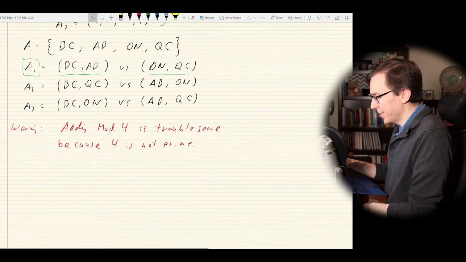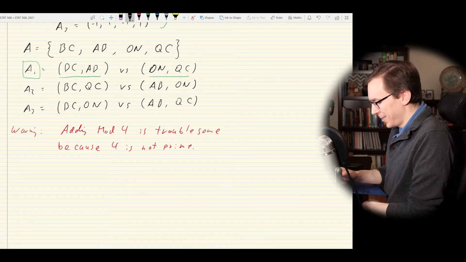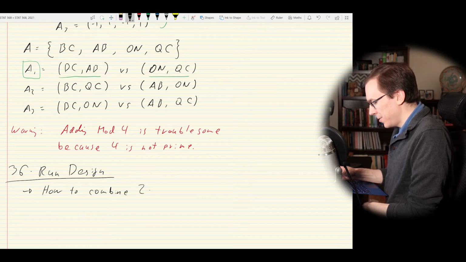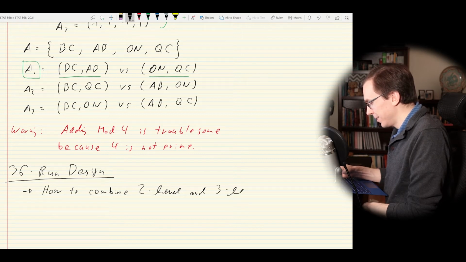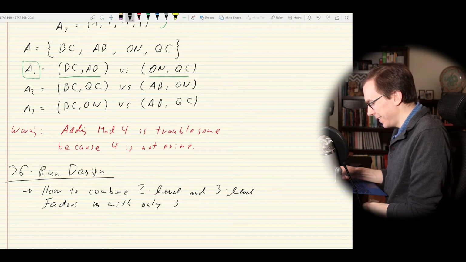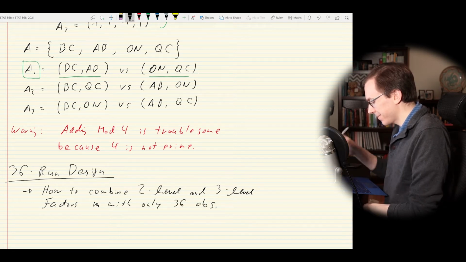Anyway, what I wanted to get into is the so-called 36 run design, which will be the next topic, which is basically how to combine 2-level and 3-level factors into, or maybe I should say with, only 36 observations.